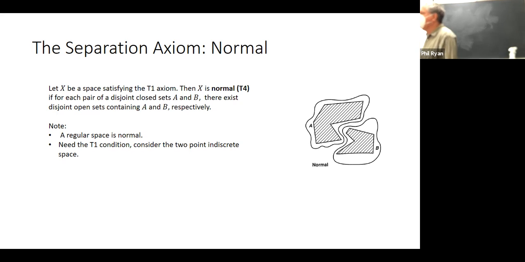The same notes occurred before. T4 deserves that name because a regular space is normal, because we can replace A by just a single point x. And again, we need the T1 for the exact same reason that we need it for regular.